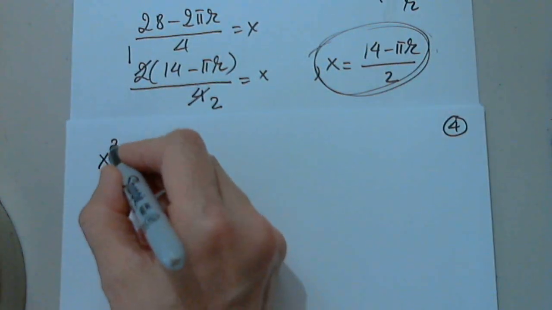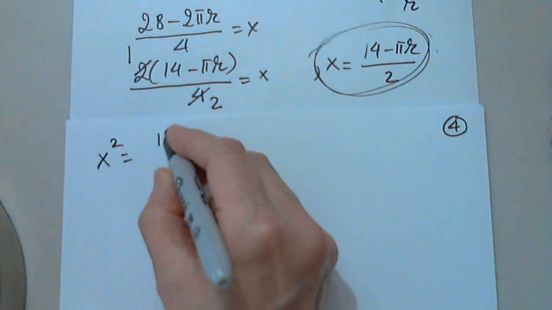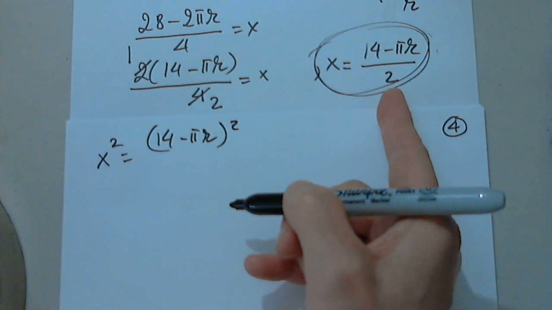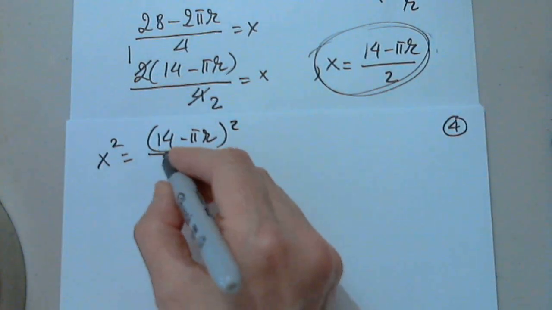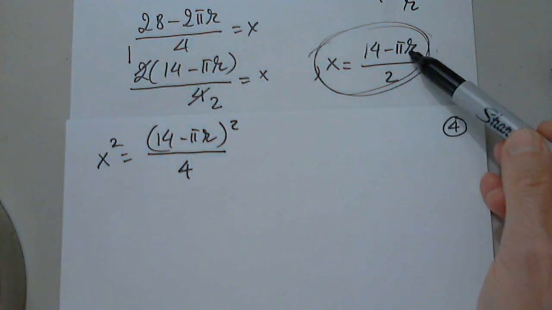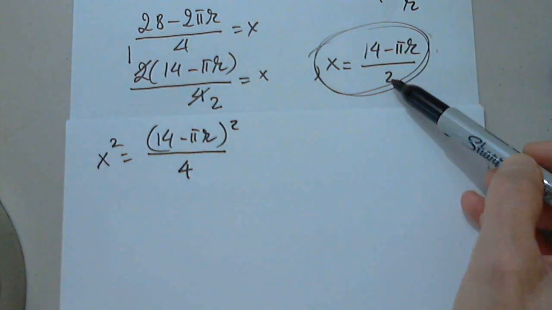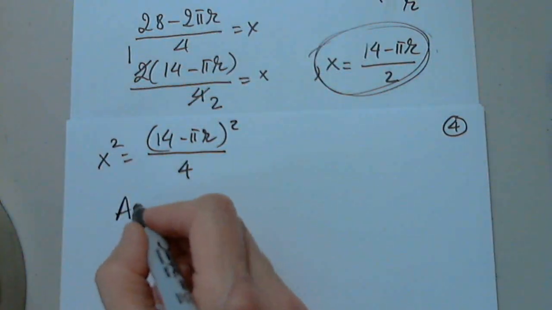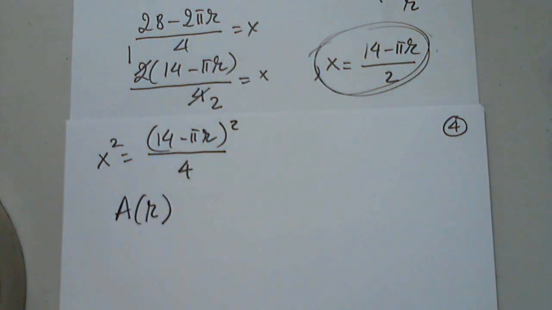Okay, so then x squared equals 14 minus pi r squared over 2 squared. Because when we square, we have to square the top, and we square the bottom. So square the top, we get this. Square the bottom, we get this. Now I'll put it in the area. And now I will say the area is indeed only a function of one variable.